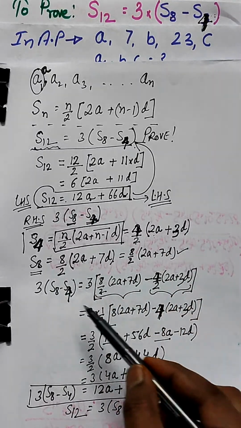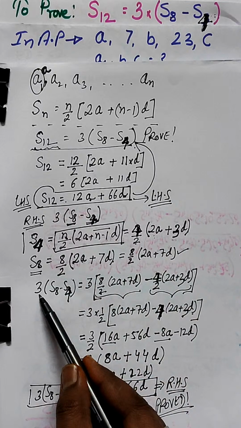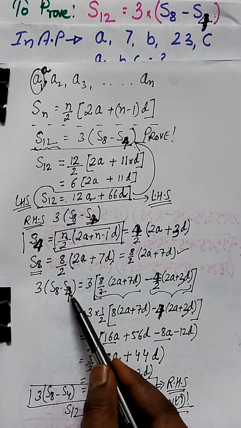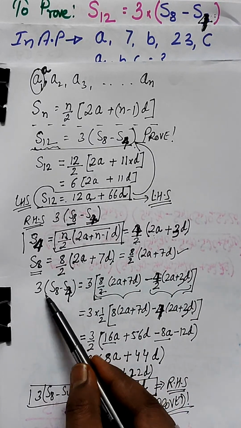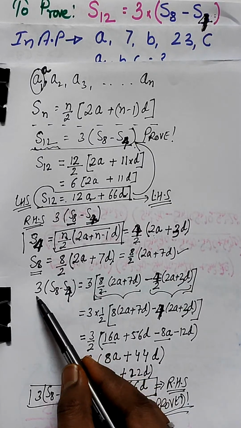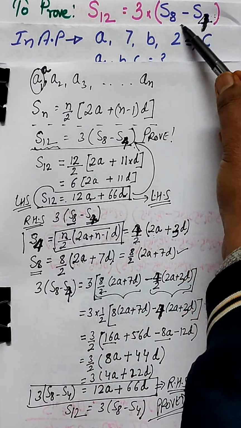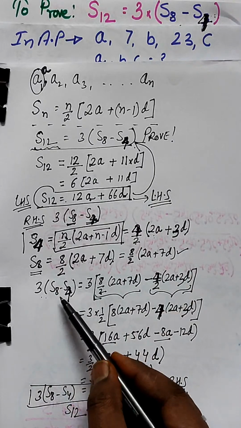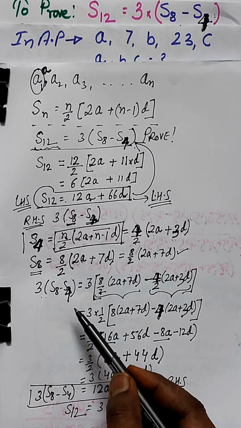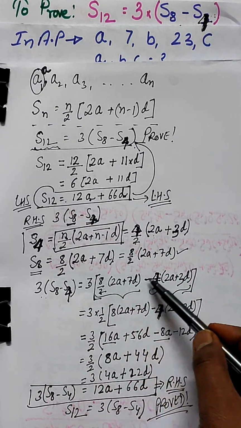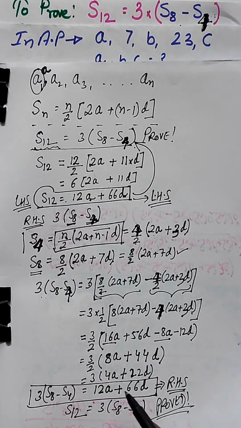And finally substituting it into the RHS, in place of 3 times S8 minus S3, we are using the correct RHS, that is 3 times S8 minus S4. And now we came up with this value, that is 12a plus 66d.